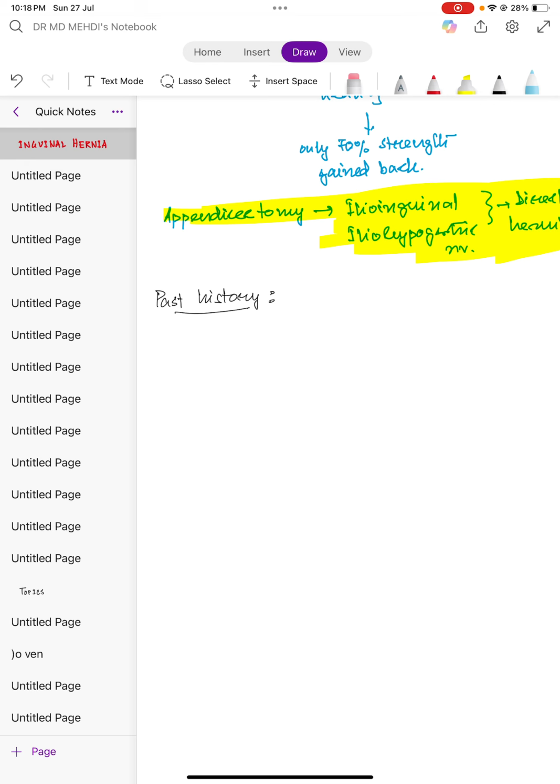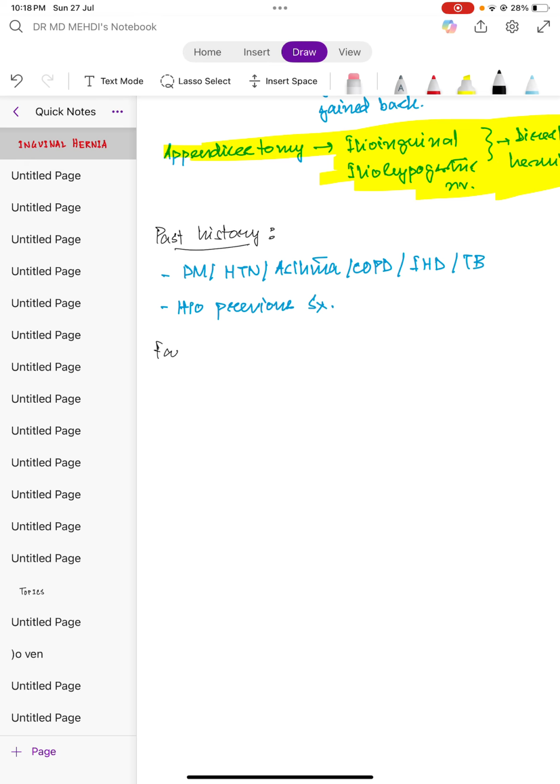In past history, what you are asking about is whether the patient is diabetic, hypertensive, has asthma, COPD, any ischemic heart disease, or TB. We have to ask all this. Also any history of previous surgery.